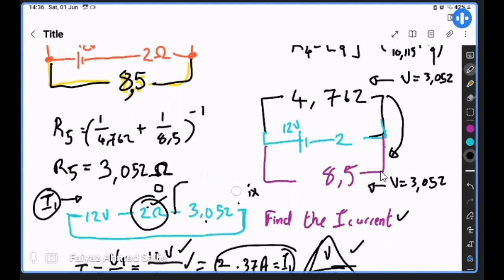Remember that in series the current is equal. So in series I1 is the same, they are all equal. But in a parallel circuit, we know that the voltage remains the same. V1 equals V2.